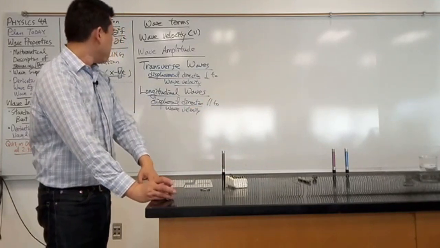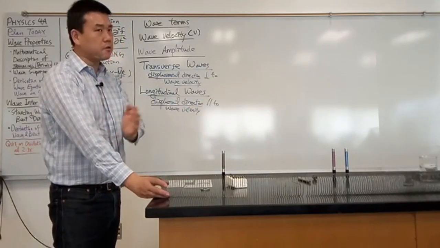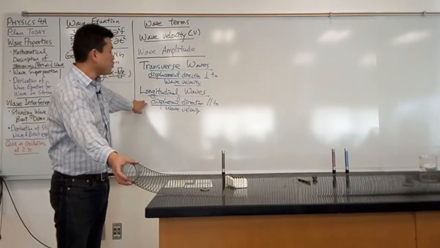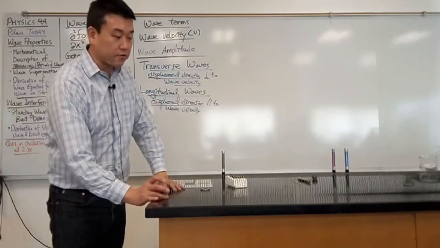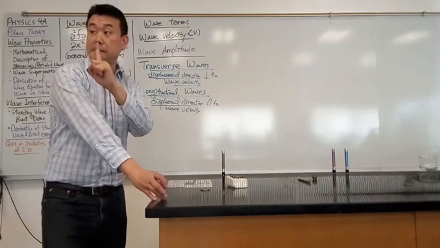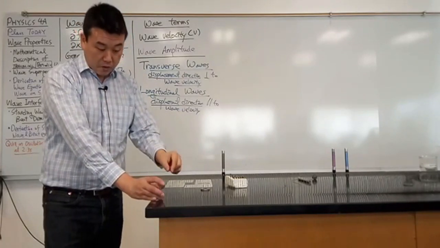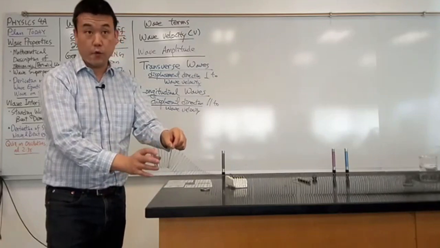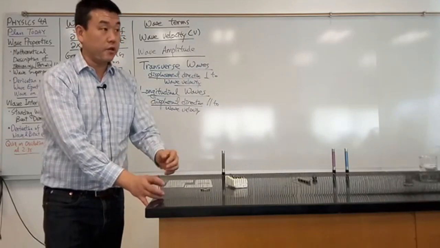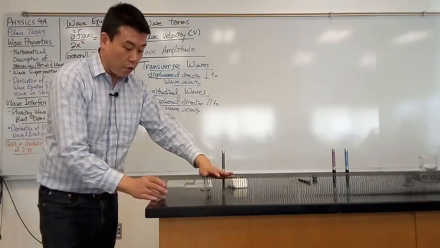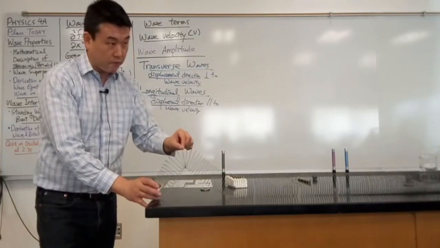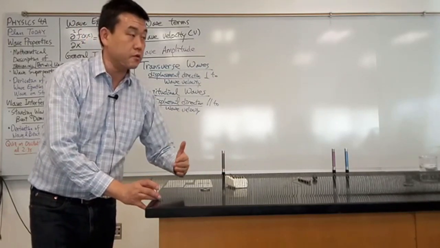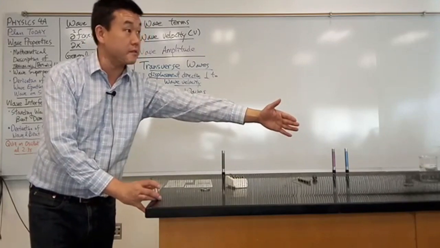Okay? And most of the time, for the purpose of visualizing waves, we'll stick to transverse, because with longitudinal waves, sometimes it's difficult to see this important fact about waves: none of the medium that the wave is traveling in actually travels. When I do it longitudinally, like when you look at this one ring, it'll move a little bit back and forth, but it never actually moves with the wave for a long distance.